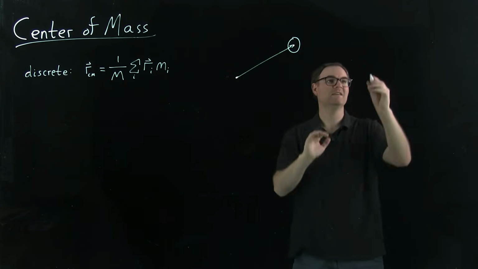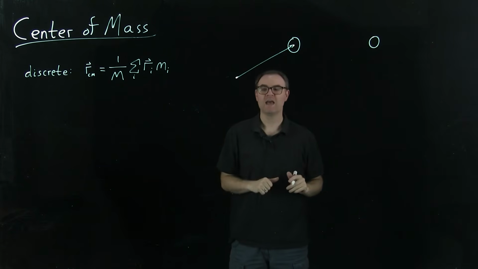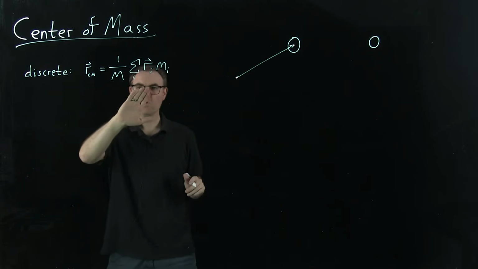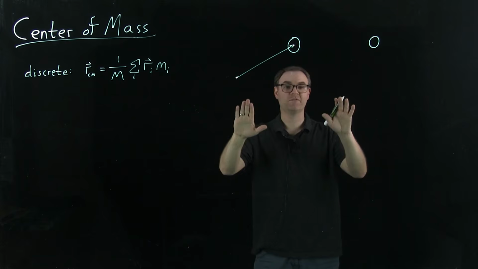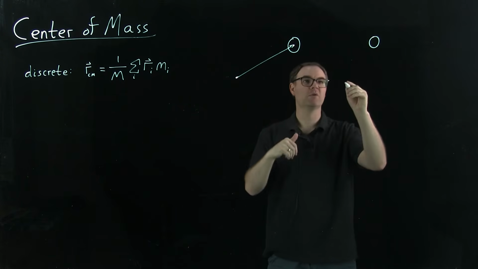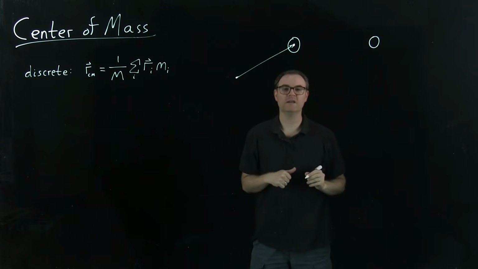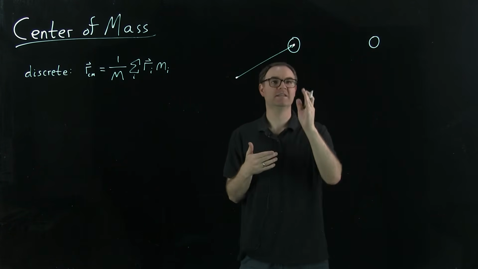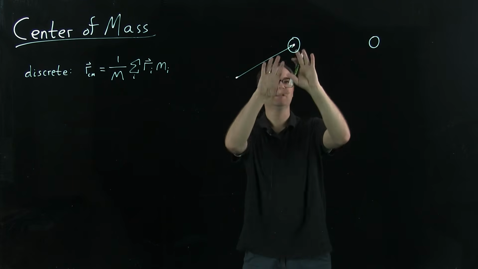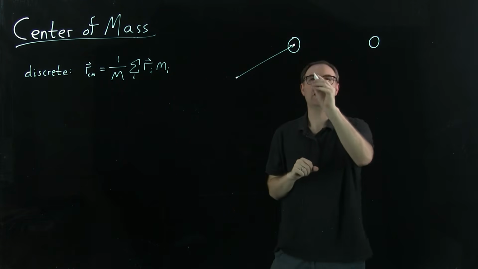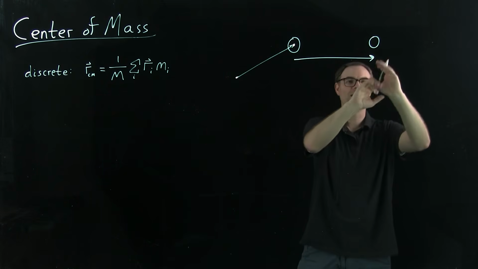If I extend this to thinking about two discrete objects that have the same mass, I can now think about what this equation is trying to tell me, especially in the context of different possible origins. So a straightforward origin to pick might be one of the objects like we saw earlier. At that point, what I'm doing is taking the position vector of this object, which is 0, multiplying it by the mass of this object. And then I would find the position vector of this object, which is shown here, times the mass of that object.